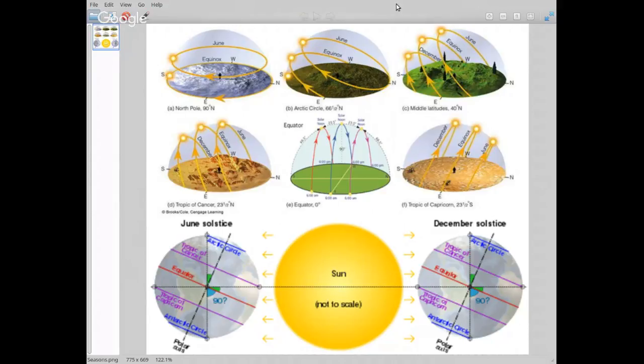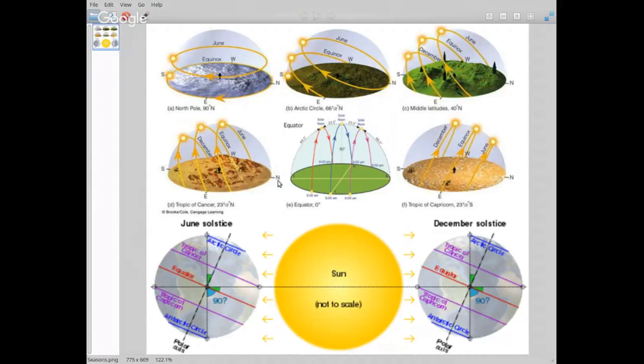But the thing is that both northern and southern hemispheres are tilted at the same angle, obviously. So the sun should have the same angle of tilt. But according to these things, they don't. This is straight in the middle at the equator.